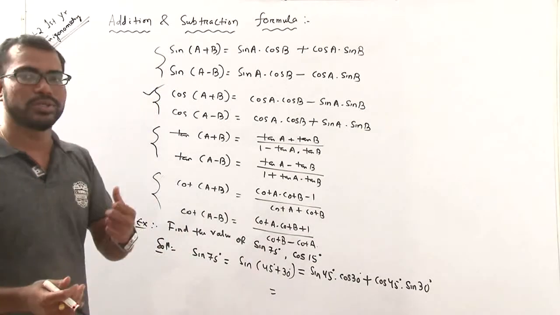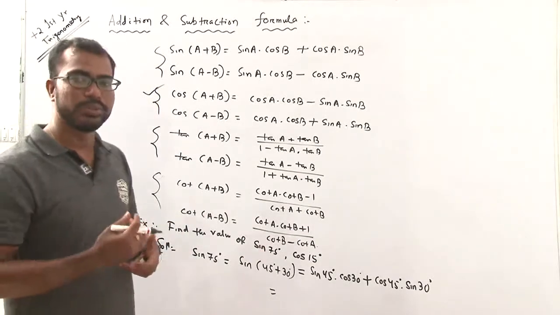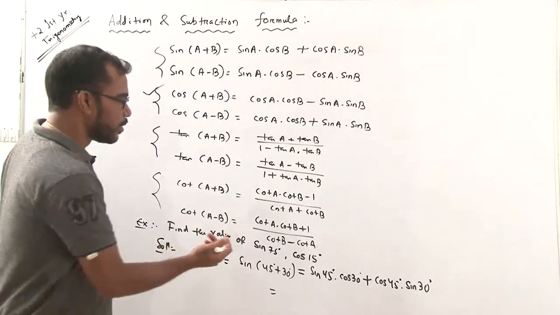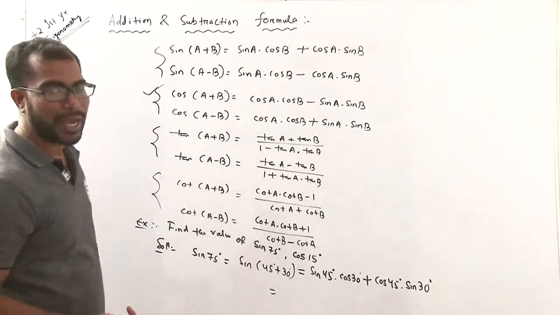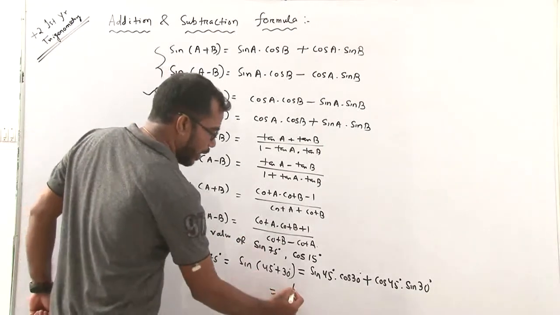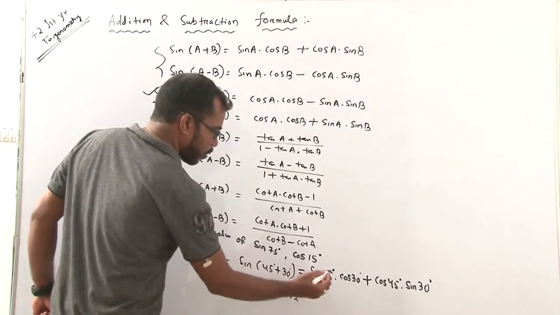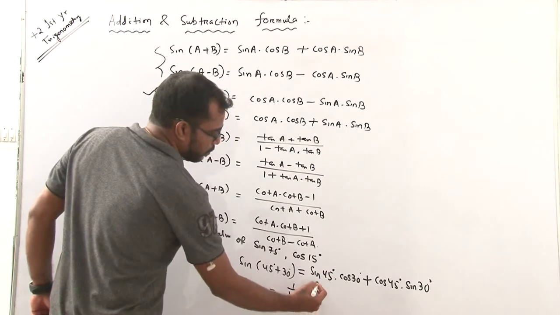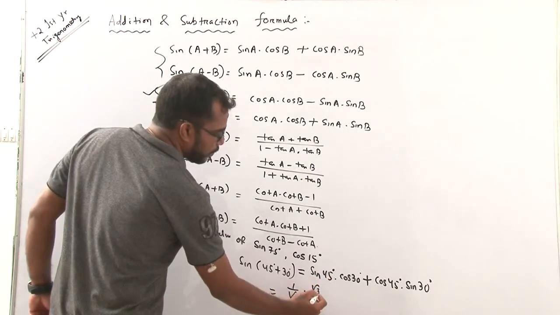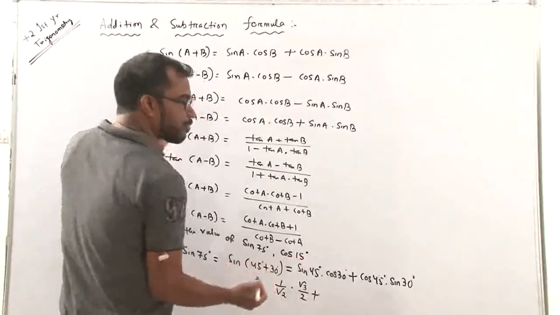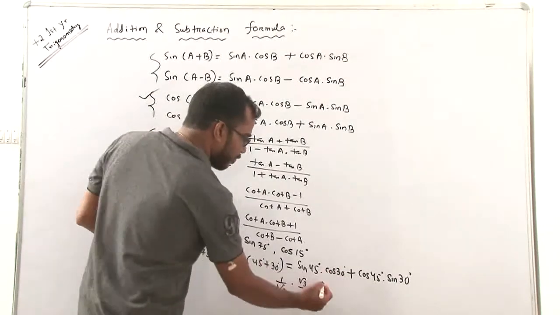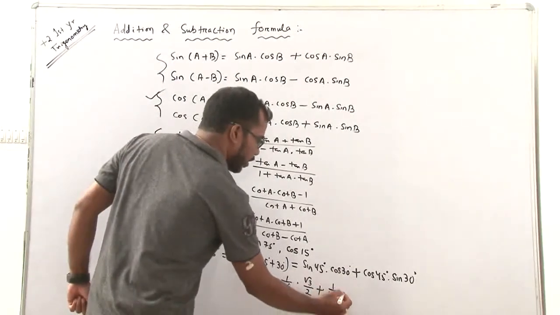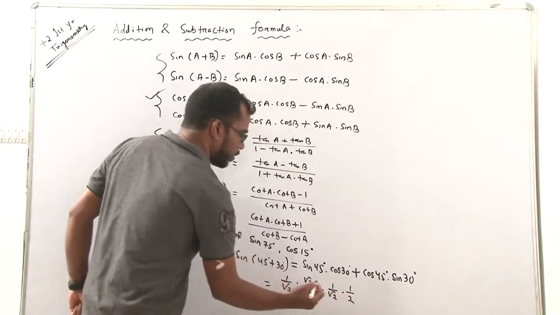In the previous session, we have discussed how to evaluate these values. So the value of sine 45 degree is 1 by root 2 into cos 30, which, as you know, is root 3 by 2, plus cos 45, which is same as sine 45, that is 1 by root 2, and sine 30 is 1 by 2.